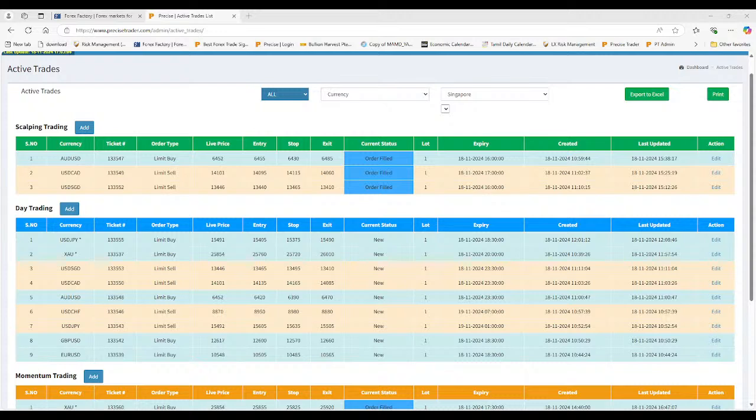Let's start off with gold. Let me see what we have. The gold, I think we are in, but still not given us a turn yet.